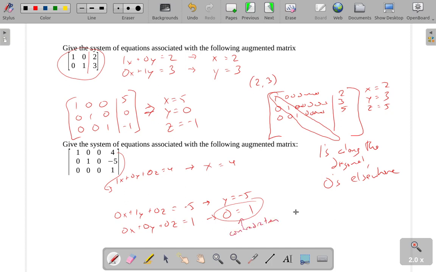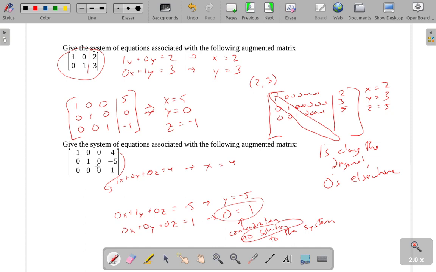If you remember solving equations, when you have a contradiction in an equation, it means that there's no solution. This equation right here has no solution, so you might guess about the entire system of equations. Overall, that means there are no solutions to the system.